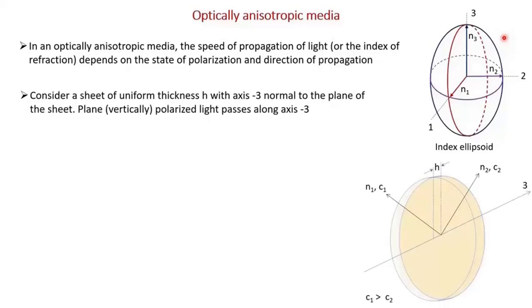Let me explain this further in a two-dimensional scenario. We will consider a sheet of uniform thickness H made of an optically anisotropic material with axis 3 perpendicular to the plane of the sheet. Axes 1 and 2 are shown here, and vertically polarized light propagates along axis 3.